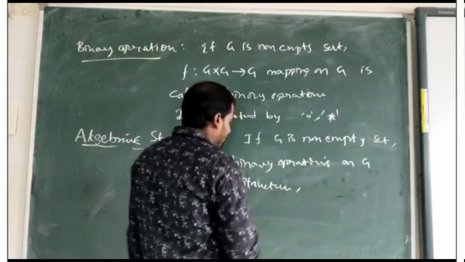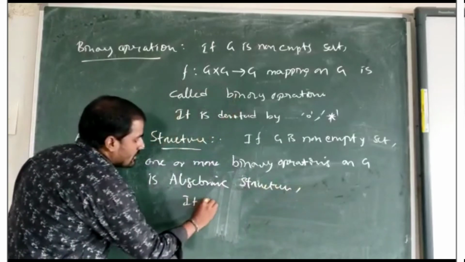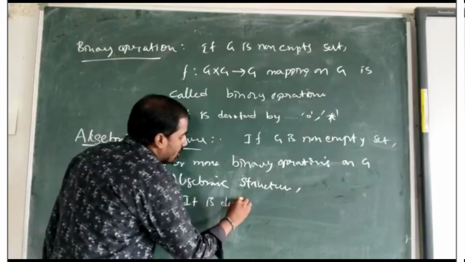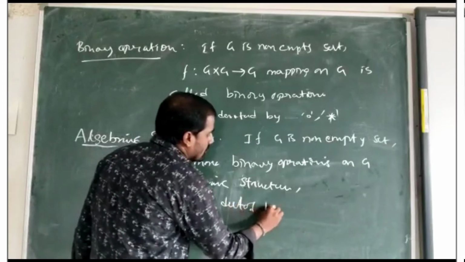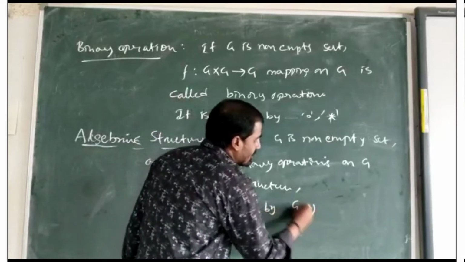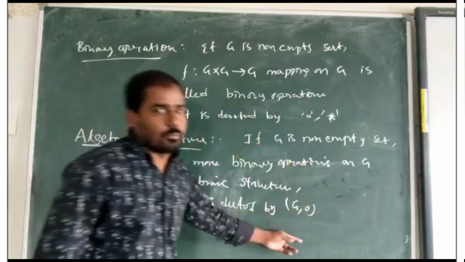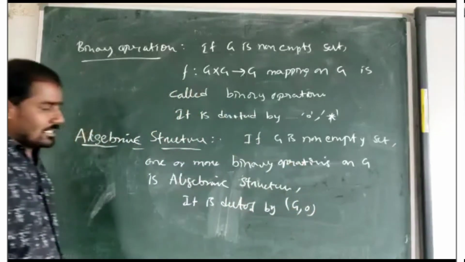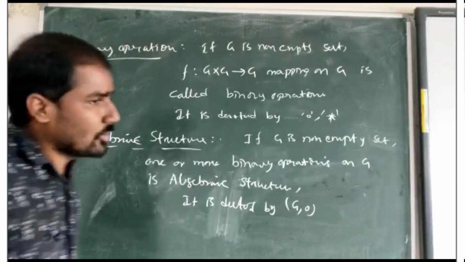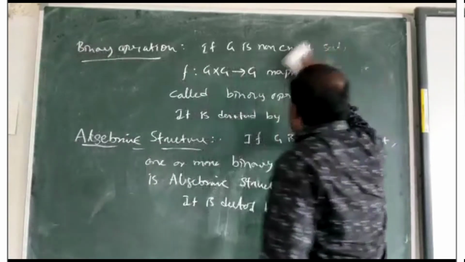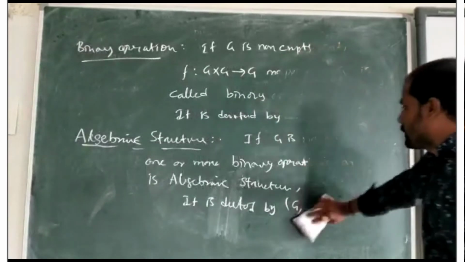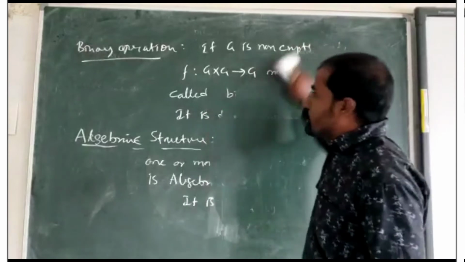It is denoted by G comma circle. This is the algebraic structure. Next, we have to discuss the properties.